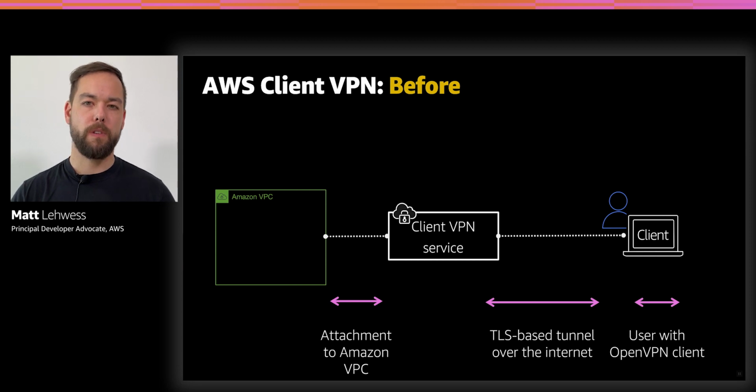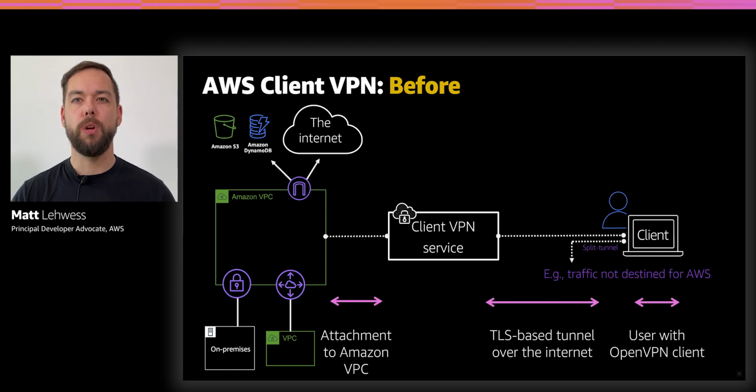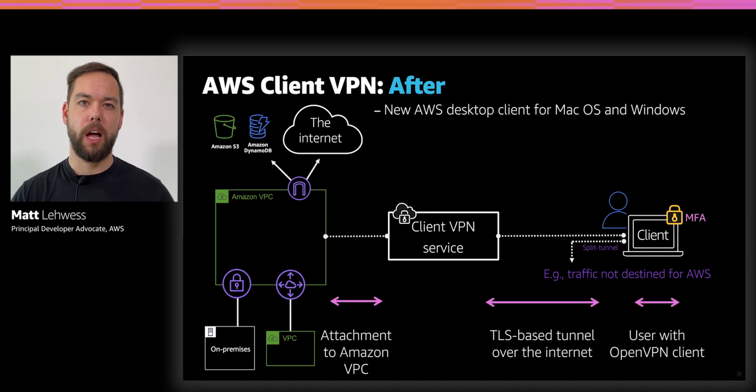We've got a user with OpenVPN, a TLS-based tunnel, an attachment to a VPC, and that VPC can then communicate to other VPCs. And so what we've done, I think it was a few months ago, is we released a new desktop client for Mac OS and Windows. So we now have an AWS-based client for Client VPN. But essentially what you see here is what a Client VPN architecture would look like.